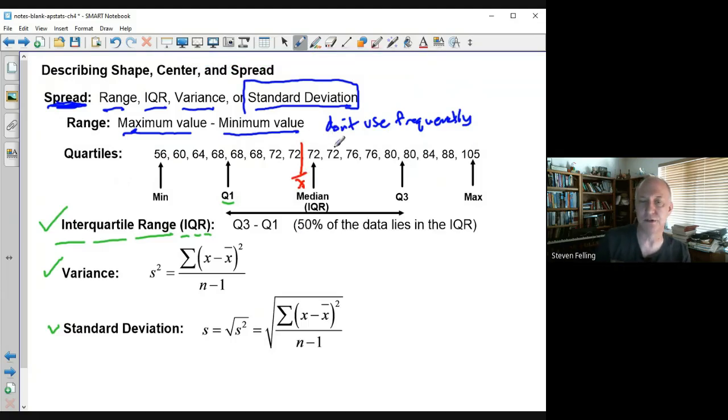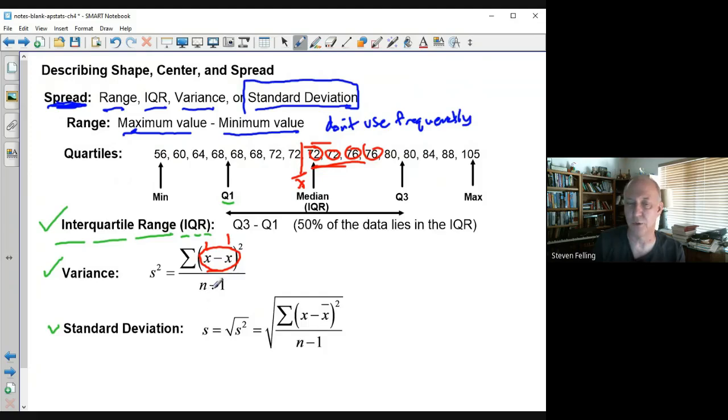Every one of these data points is a certain distance away from that mean. And so if I just take a data value minus the mean, that's giving me the distance that data point is from the mean. How far away is it? And since they could be positive or they could be negative, we square it to force all of them to be positive. And then we add them all up, and then we take the average by dividing by the number of elements.